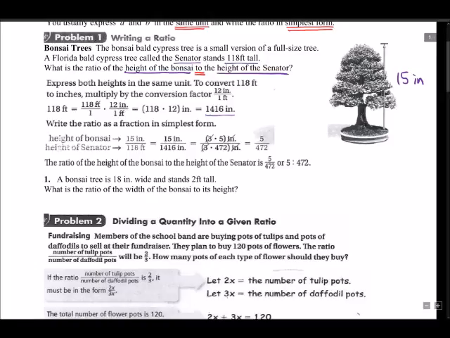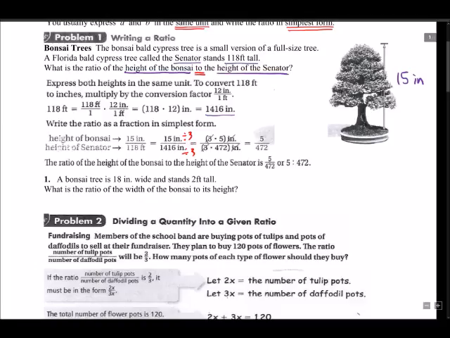And then we write our ratio as a fraction, and we want our bonsai first, our Senator second. So we put 15 on top and the 1416 on the bottom, and then we're just going to reduce that fraction. Both of these will divide by 3.